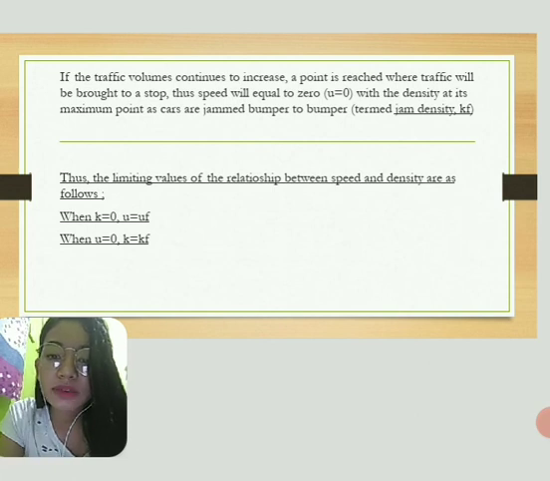Thus, the limiting values of the relationship between speed and density are as follows. When K is equal to 0, then U is equal to Uf. When U is equal to 0, K is equivalent to Kf, which is the jam density.